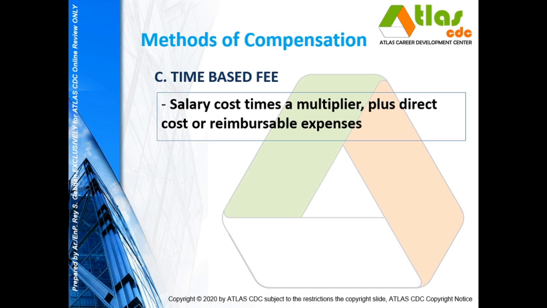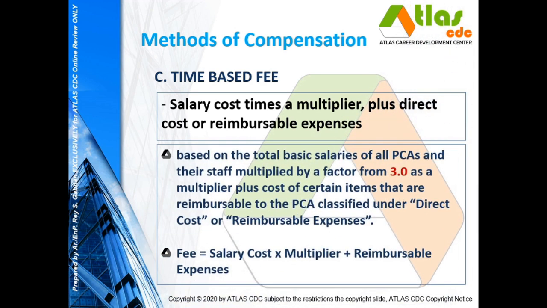Instead, you use the salary cost times a multiplier, wherein ang pag-determine ng direct cost ng mga part ng team, lahat ng salaries ng professional consulting architects and staff, the factor that you use is not anymore 1.5 to 2.5, but the multiplier is 3, no?